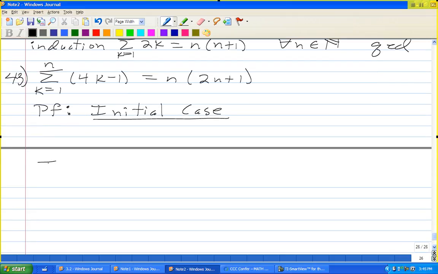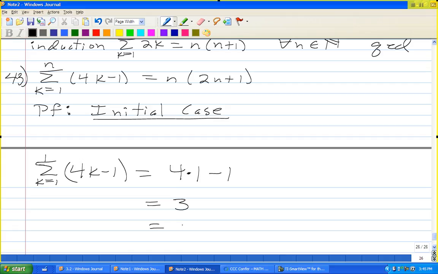The sum k equaling 1 to 1 of 4k minus 1 is just 4 times 1 minus 1. Well, 4 minus 1 is 3.